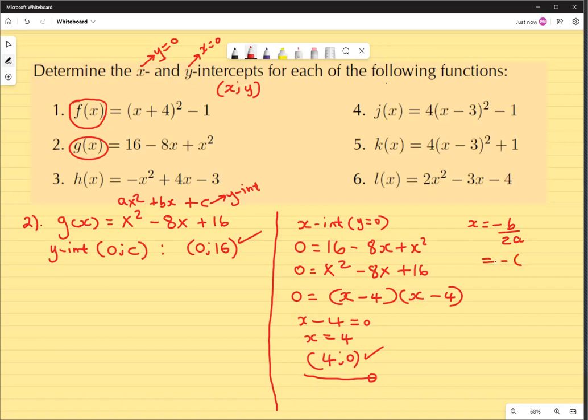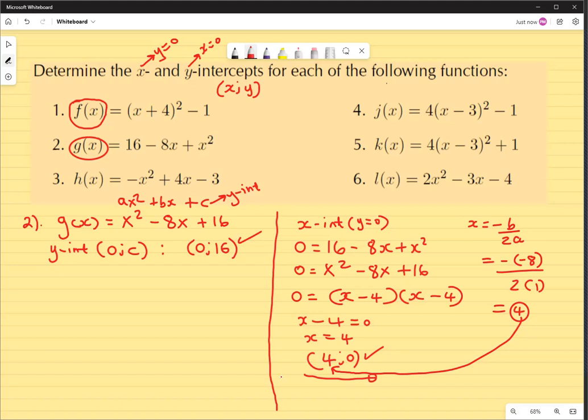Then negative, you can see that your b is negative 8, over 2, and then your a is what? It's 1. So the answer is 4. You can see that this is the x value in the turning point, which is exactly the same as that one. So always when you get one x-intercept, you should have a graphical image that your parabola is just touching the x-axis only once.